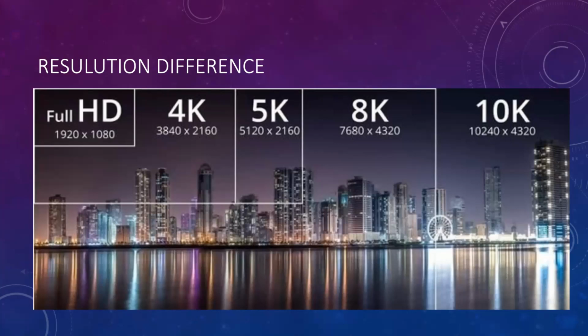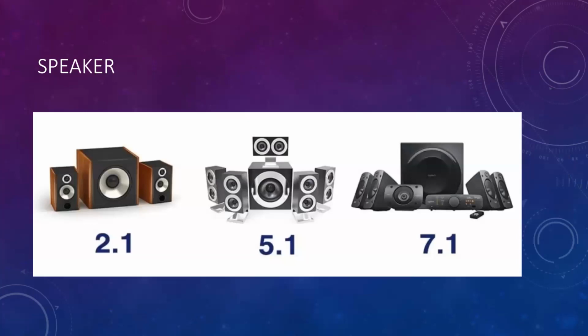If you are living in a village house, I think it is possible to have an 8K or 10K television, but the price also increases compared to a 4K television.